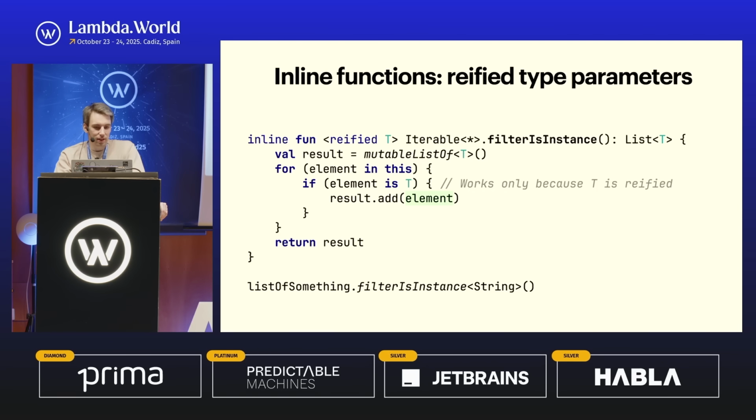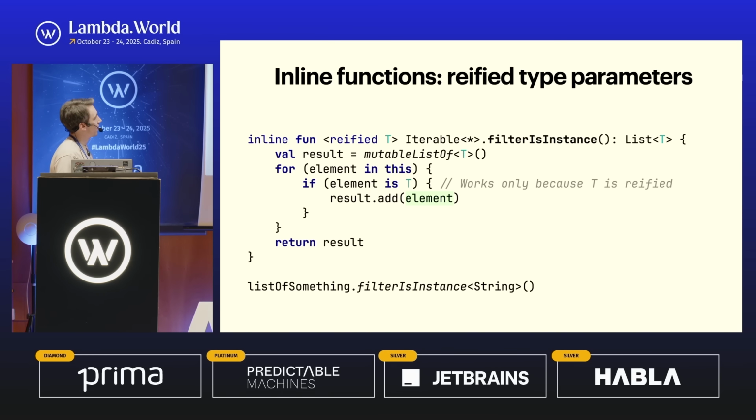The other thing is not really related, but again, it shows that inline functions are transparent. On the JVM, we have the problem that we don't have reified generics.